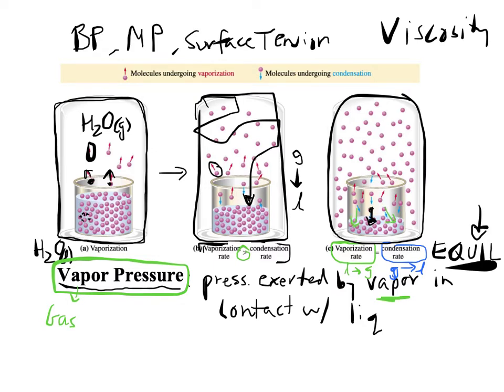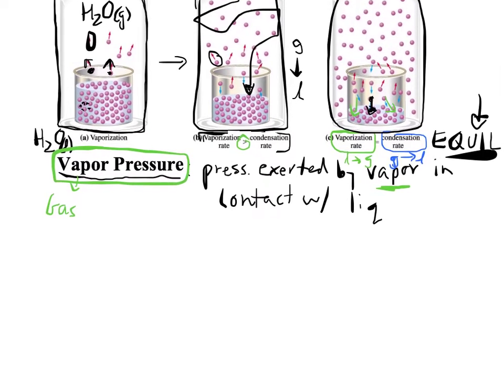Well, how is this important in relation to intermolecular forces? Well, the idea is if a substance has high intermolecular forces, has some hydrogen bonding going on, and London dispersion forces, is a very large molecule with a lot of surface area, very high polarizability, then there's going to be more attraction between molecules.